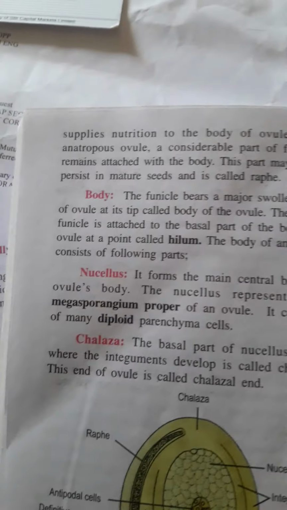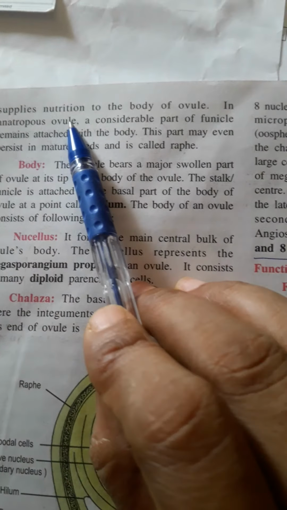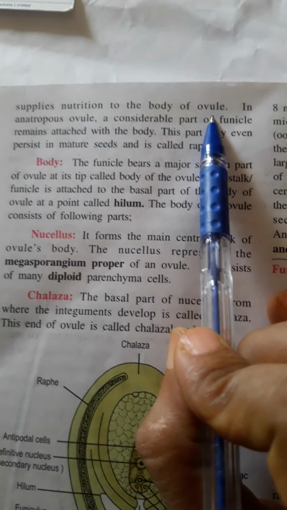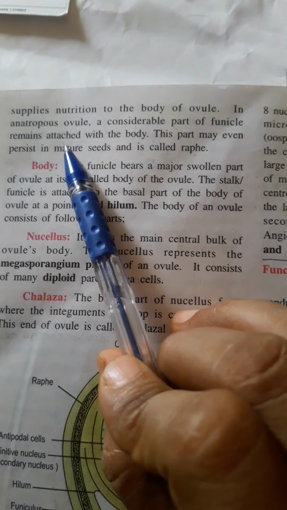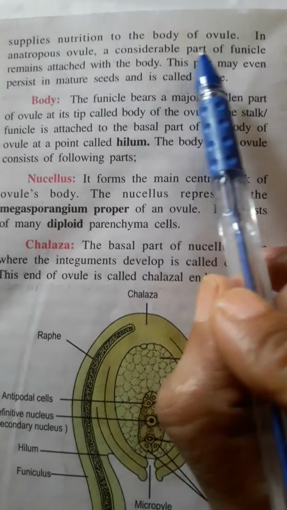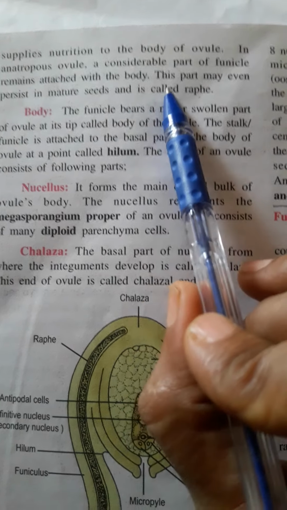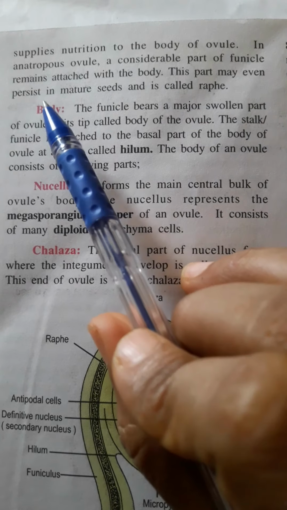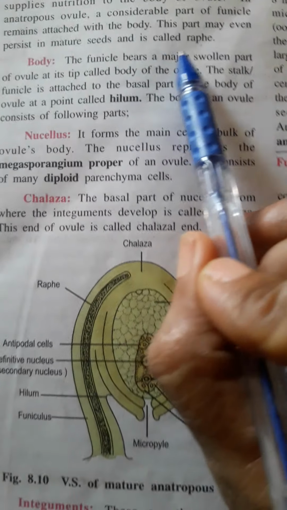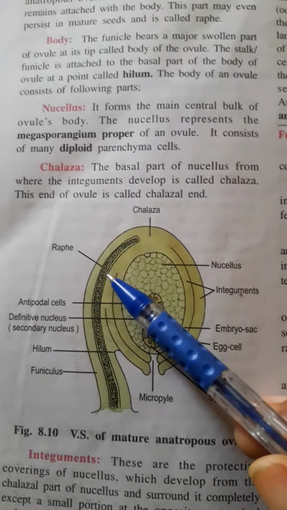Now, it has a vascular strand which supplies nutrition to the body of ovule. In Anatropous ovule, a considerable part of funicle remains attached with the body. This part may even persist in mature seeds and is called as raphe. See this, raphe.